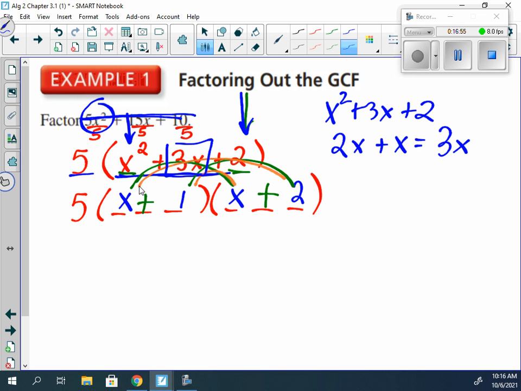And it's really the middle term that has the chance of changing and being different, depending on the setup. Now here, there's only one real way to set this up, because there's only one set of x and only one set of 2. Because x plus 2 times x plus 1 would be the exact same as this here. Any questions on this here?